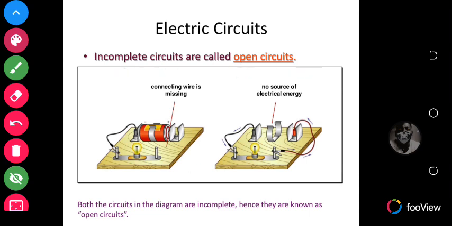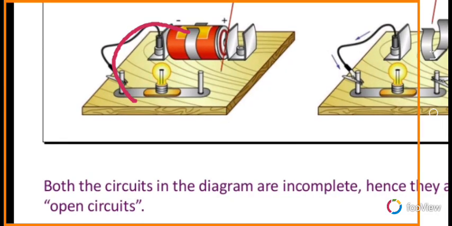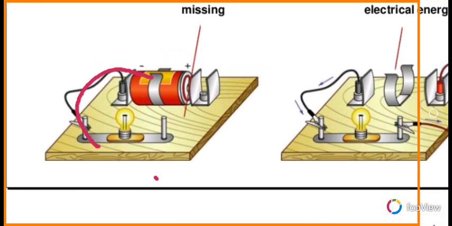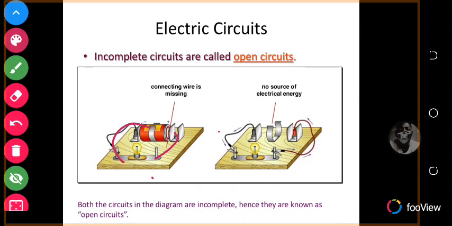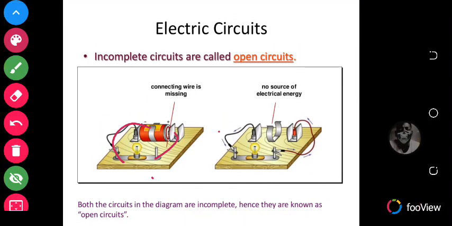When you take a look at this picture, you realize that the wire connects the battery to the bulb, but the other part doesn't have a wire to connect it. That wire is missing, so it's called an incomplete circuit or an open circuit.